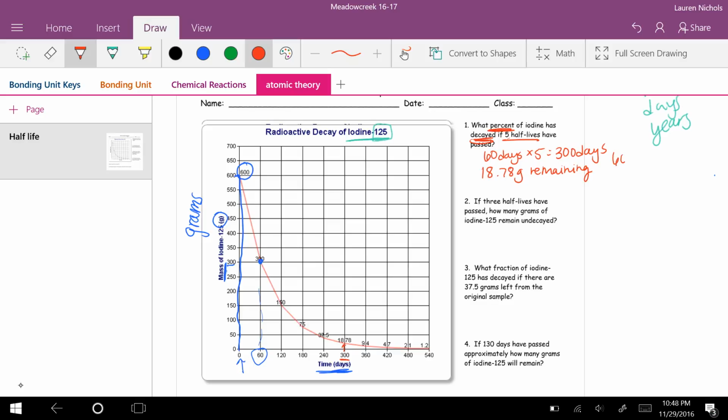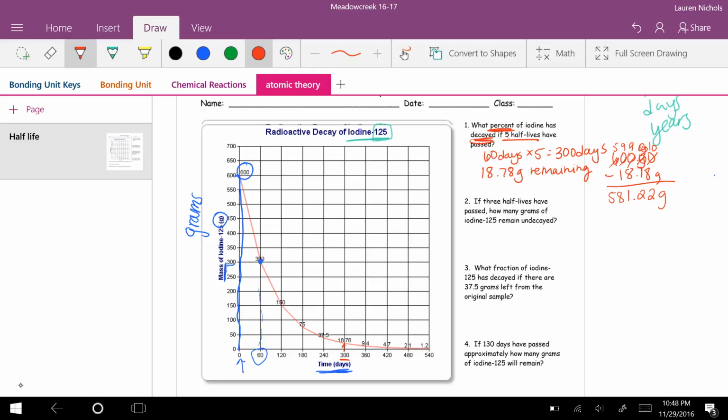So what we need to do is a little subtraction problem here. We say, our 600 grams that we started off with minus our 18.78 grams will give us, we need to do a little math here, 581.22 grams.